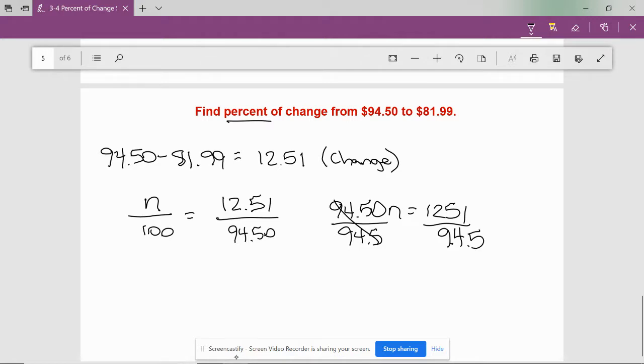When we do this problem, n is going to be equal to 13.2%. That's going to be our answer. Whenever we do percentages, I'm okay if we round to the first tenth of a percent after the decimal. I certainly won't count you wrong if you wanted to carry it out.